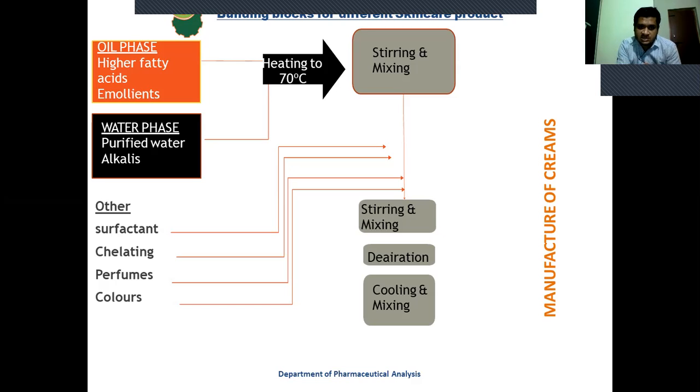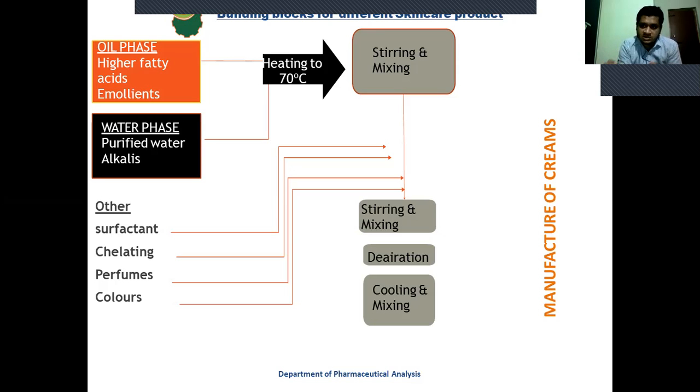Whenever you use chelating agents, they form a stable, soluble complex with the heavy metals. So we can add a chelating agent.